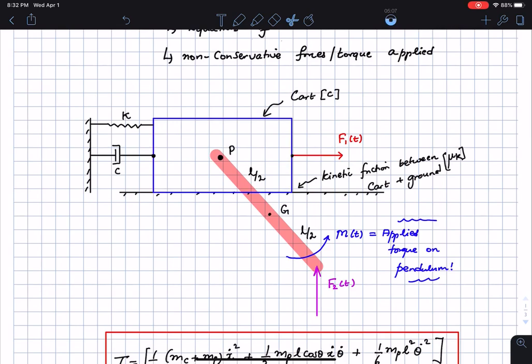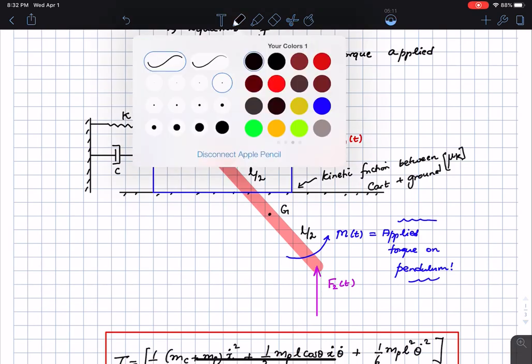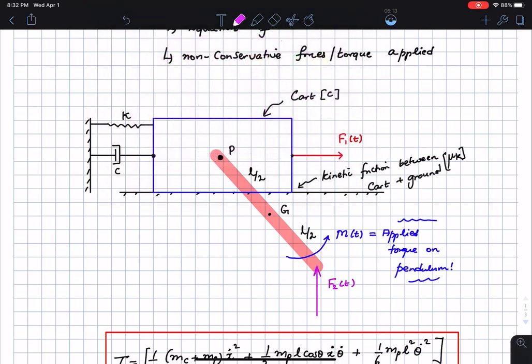Okay, there are several things going on. First of all, and let me use the magenta color to highlight some of these things, there is the force F1 of t which is applied here. This is a non-conservative force.